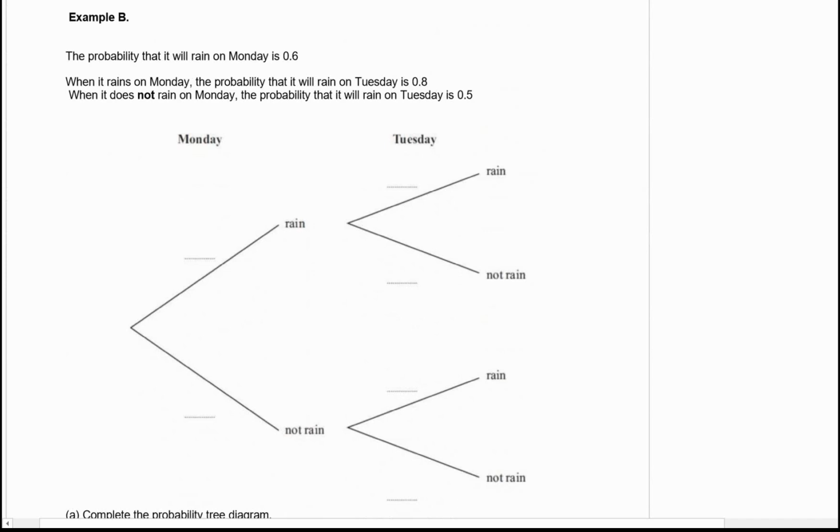Okay, example B. The odds that it will rain on a Monday is 0.6. So let's throw that in. Monday 0.6 must add up to 1, which means this is 0.4. Next, when it rains on Monday, the odds that it rains on Tuesday is 0.8. So this is 0.8, which means this is 0.2. When it does not rain on a Monday, the probability that it will rain on a Tuesday is 0.5.